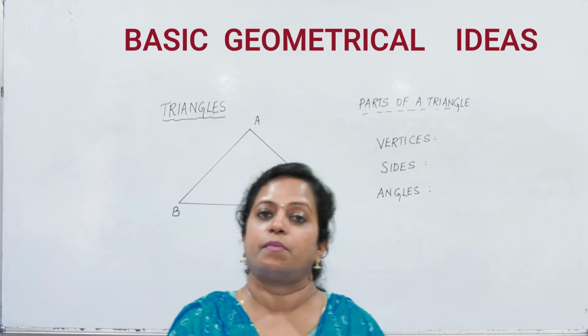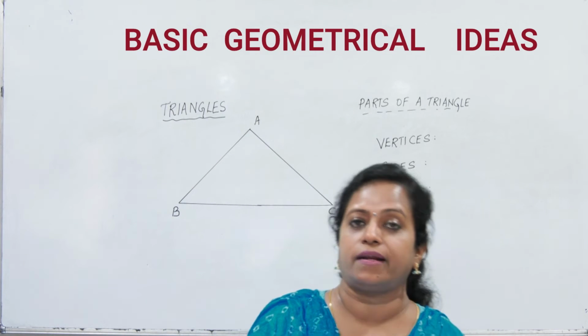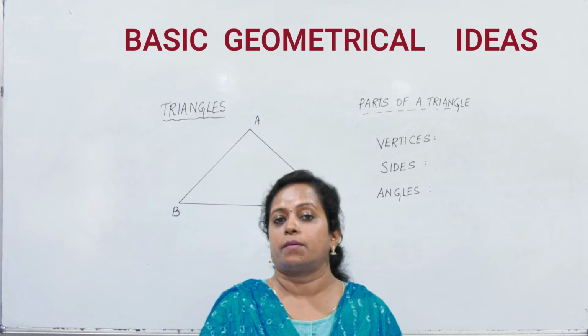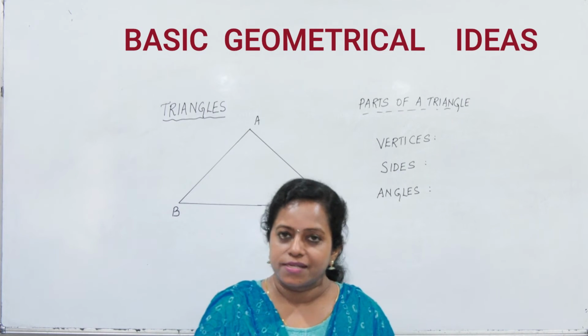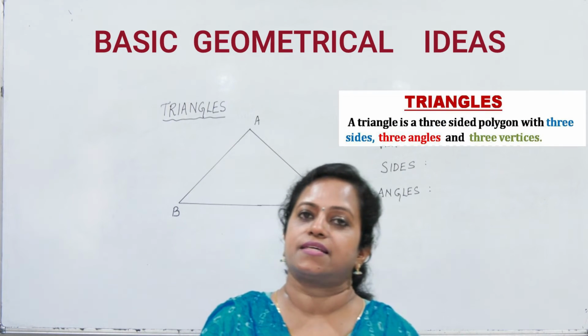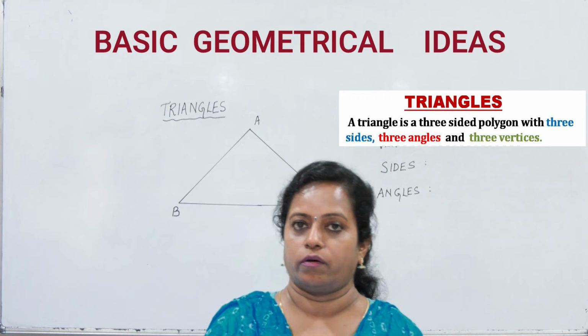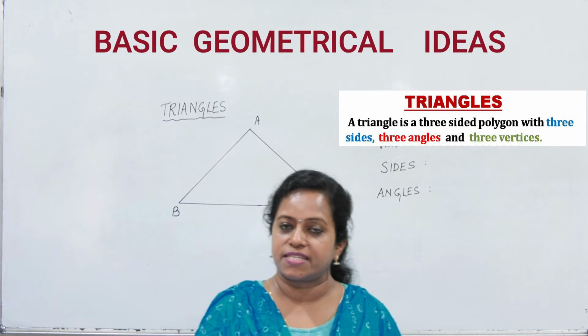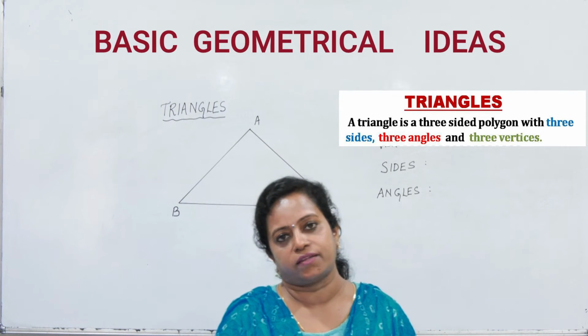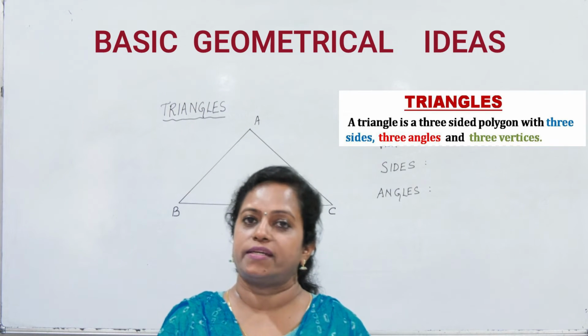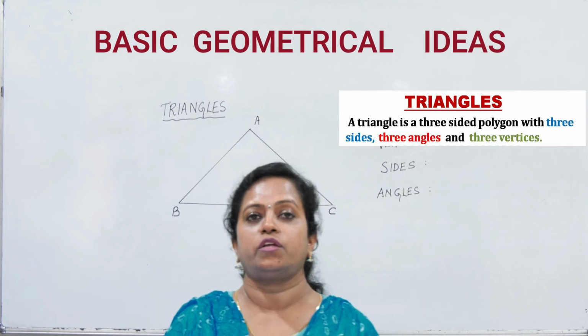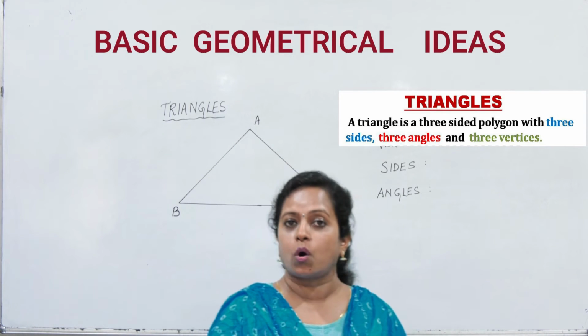Children, today we learn about another topic which is again related with angles. We learn about triangles. Now what is a triangle? A triangle is a 3-sided polygon which is made of 3 sides, 3 angles and 3 vertices. It is the smallest polygon.